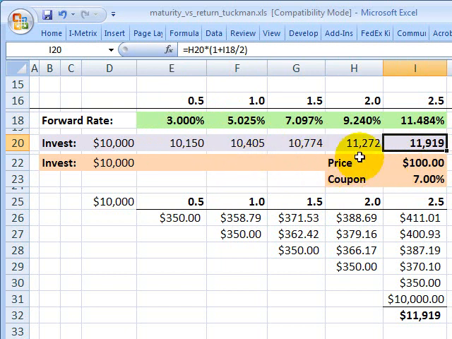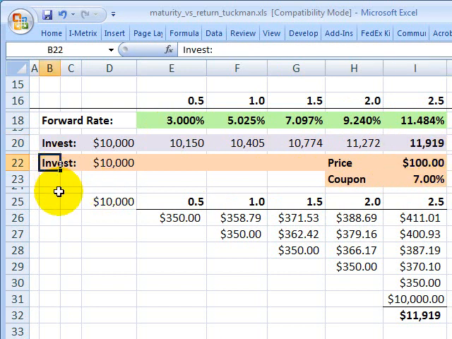If, as time goes forward, these forward rates are in fact realized, what I mean is, if we get here to 18 months, this short-term investor rolls over. If we happen to be so lucky that this forward rate that was implied at the start of the whole period happens to be the realized 6-month spot rate at that point in time, then this amount will be rolled over and become this amount. So if the forward rate becomes the realized spot rates, this investor will end up with $11,919.